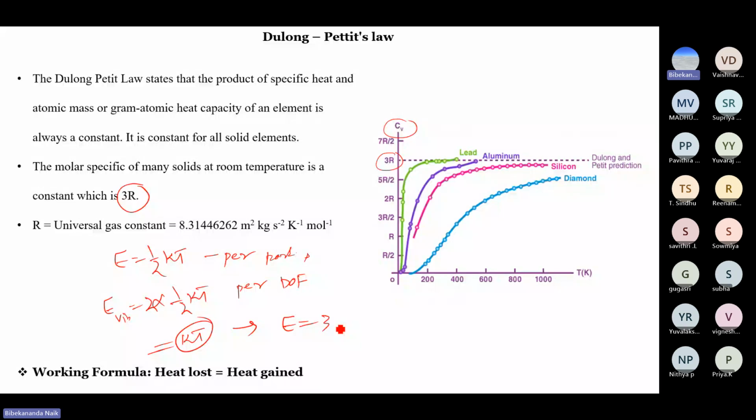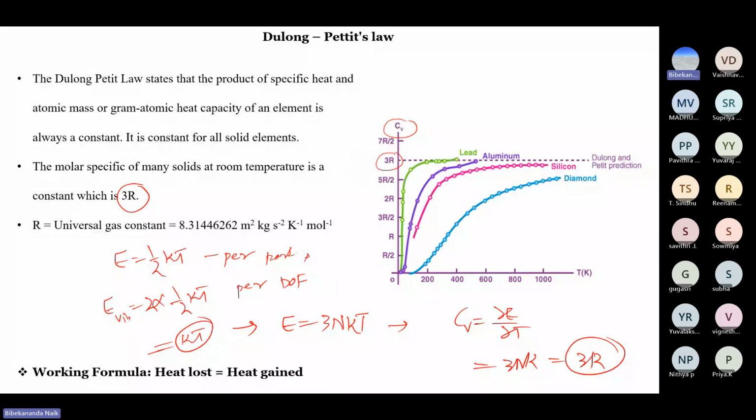We know Cv is equal to del E by del T, so it will be 3nk, or we can write it as 3R. So this is basically a classical law which states that the specific heat or heat capacity of 1 gram mole of any substance is 3R at all temperatures.